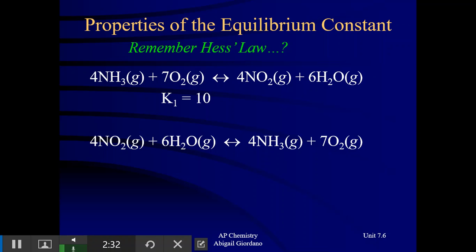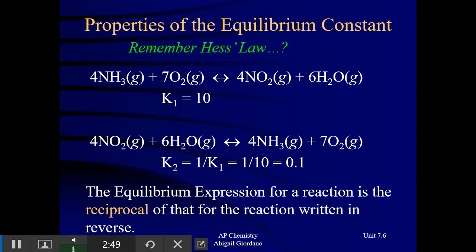There's no such thing as a negative K value. You're going to flip-flop numerator and denominator. So the K value for this reaction, when we flip it around, is actually the reciprocal of that first K value. If you flip a reaction around and need the new K value, you take the reciprocal.